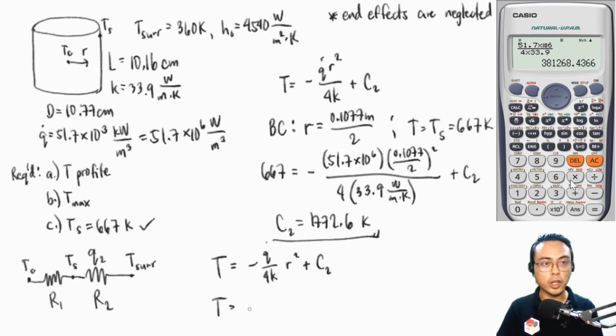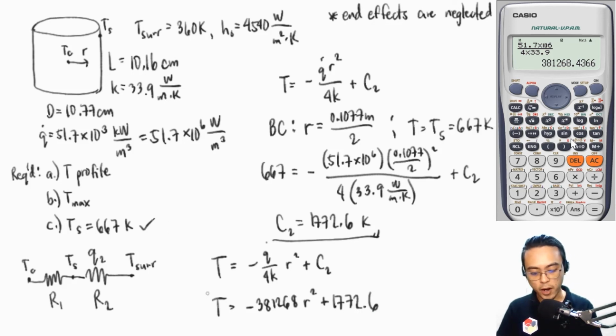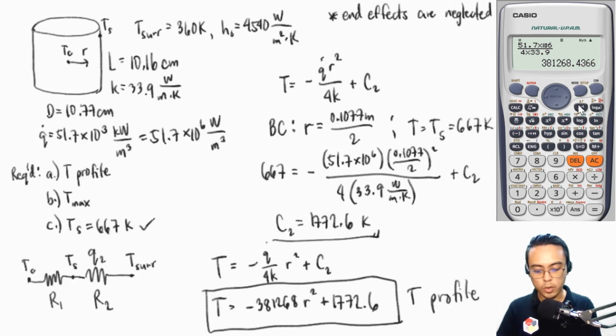That is negative 381268 times R squared plus C2, 1772.6. Okay, this is our final temperature profile. So we are done with the temperature profile and the surface temperature.